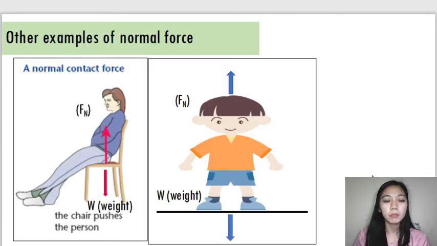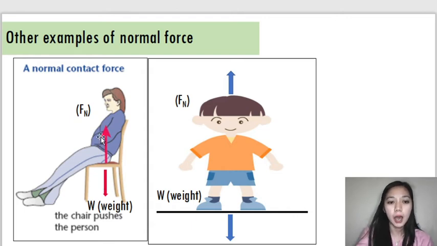Okay? Other example, kung ikaw ay nakaupo sa inyong upuan, you are experiencing a normal force. At ang nag-a-apply ng normal force ay yung chair, yung surface ng chair towards your body. That is why you were able to sit on that chair because the chair itself ay nag-a-apply ng normal force sa'yo upward. The direction of the normal force is upward.